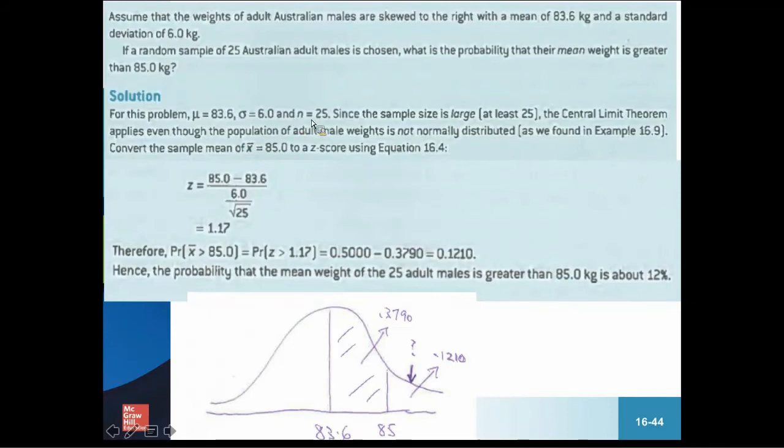So we've got the key pieces of data. We've got the population mean, population standard deviation. Interestingly enough, he thinks a sample size of 25 is enough for the central limit theorem to apply. Other textbooks suggest 30. So he's thinking 25 is all right. Anyway, we'll run with what he suggests.